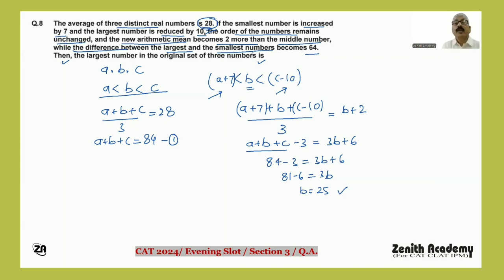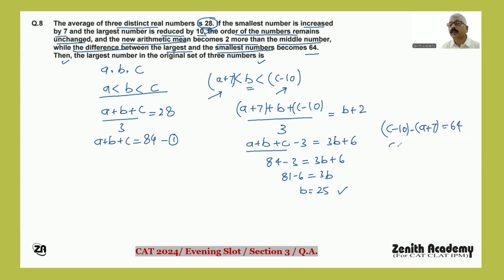Correct. Further, it is given the difference between the largest and the smallest number becomes 64. So order of the number is unchanged. It means the biggest one is C minus 10, right? And the smallest is A plus 7. इन दोनों नंबरों का जो डिफरेंस आप बता रहे हैं, the difference जो question में given है, it is 64.